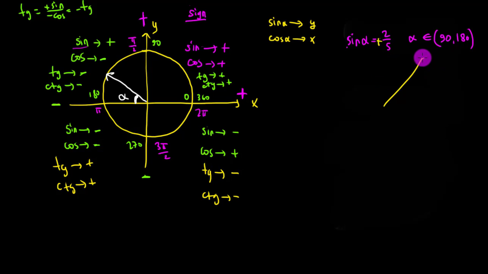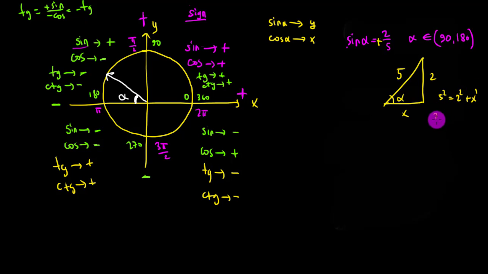To find cosine, you need to write a triangle. So here you have alpha, opposite it is 2, and the hypotenuse is 5. So what is adjacent? Let's say it is x, yeah. 5 squared equals 2 squared plus x squared.